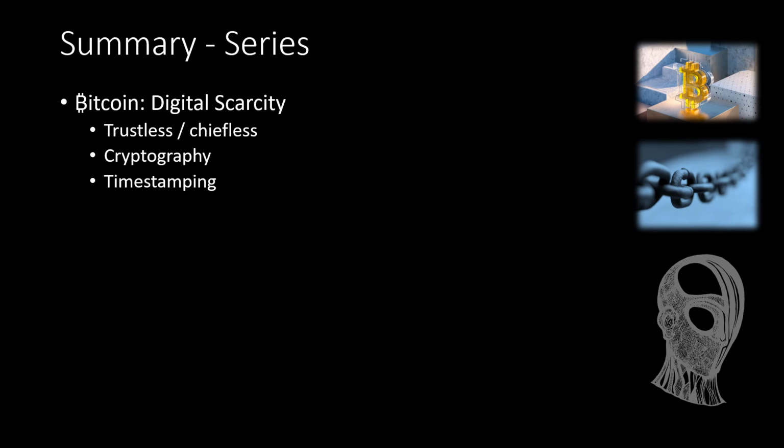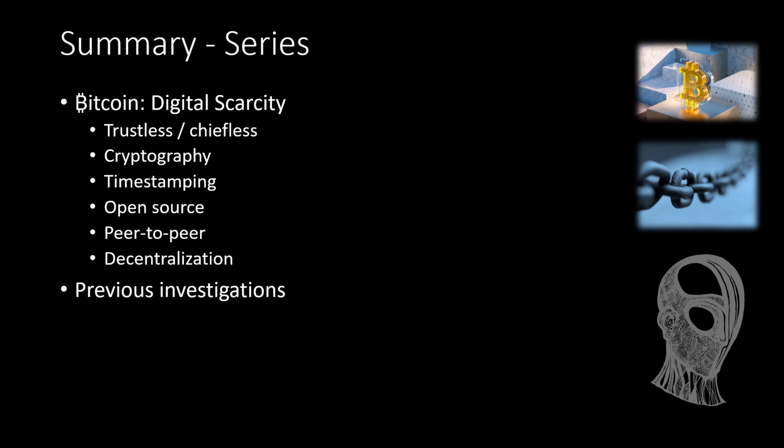It resorted to digital timestamping that was known since the 1990s. The trust model is also very much based on open source, so everybody can see the Bitcoin source code. And peer-to-peer concepts were fundamental and stressed to a high degree by Satoshi Nakamoto. And the whole thing was later on characterized by Satoshi Nakamoto himself as a decentralized system.